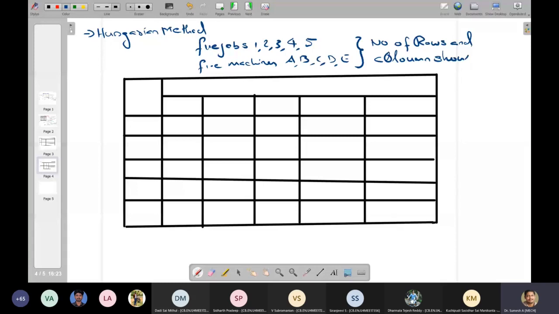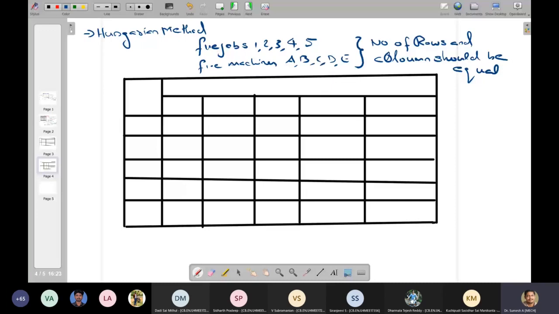So if 5 jobs are there, I should have 5 machines or 5 workers. If only 4 are there, 1 job will be unassigned. In that case, you have to add a dummy row or dummy column to make the number of rows equal to the number of columns. Otherwise, make it equal, and you know how to make it equal. We have already seen it.